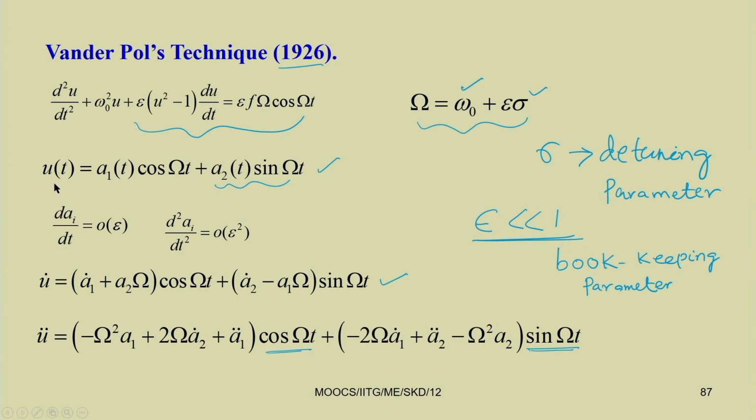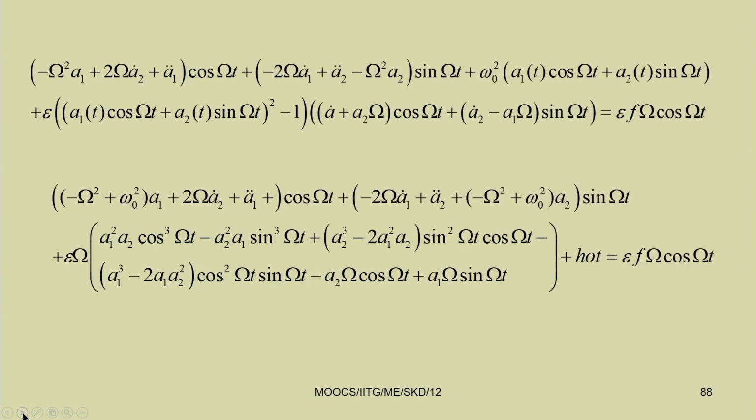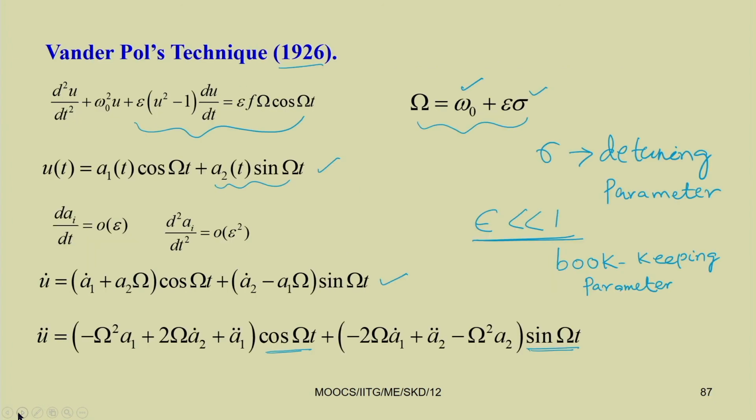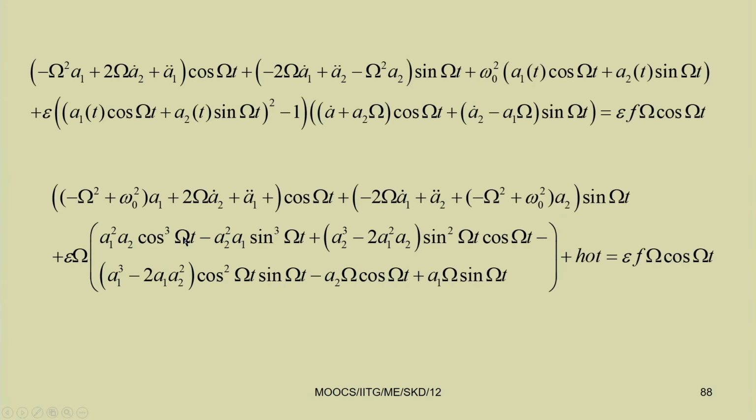Okay. So, next, now by getting u double dot, u dot and u, by substituting all these things in the original equation, one can write: u double dot plus omega 0 square u plus epsilon into u square minus 1 into u dot. This u square term becomes a1 t cos omega t plus a2 t sin omega t whole square, minus 1.